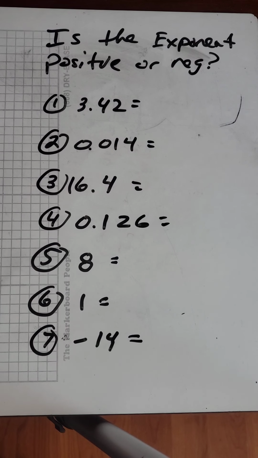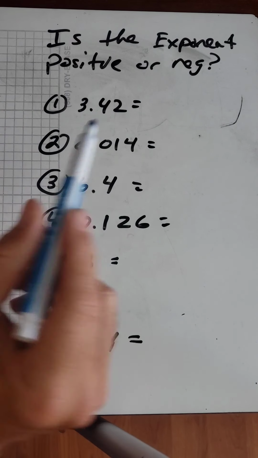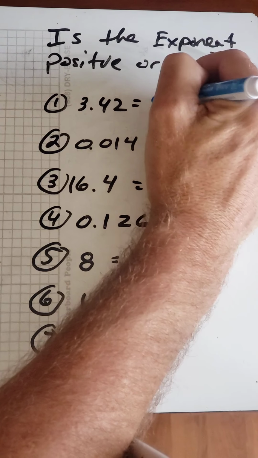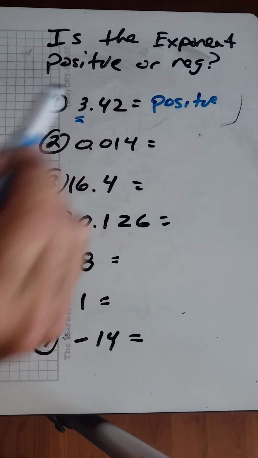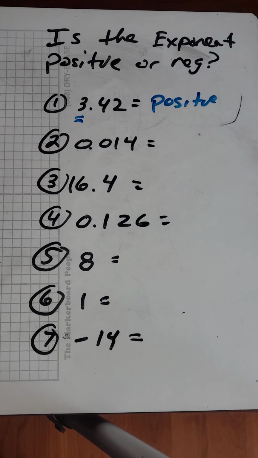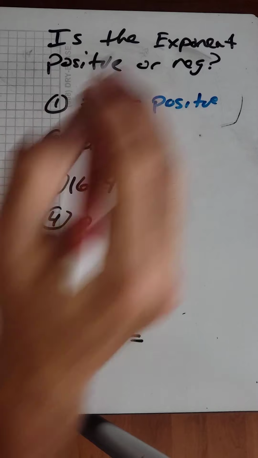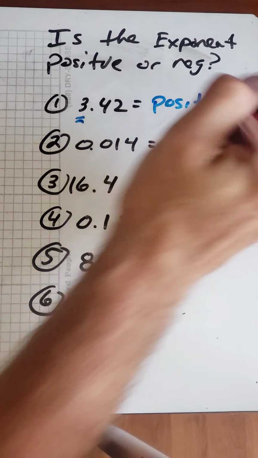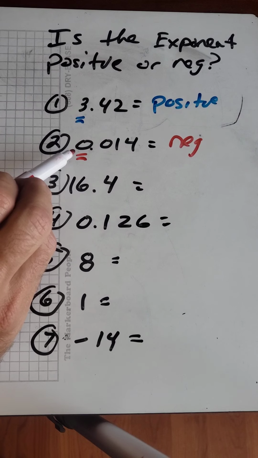Okay, so hopefully you had a chance to determine if it's going to be positive or negative. I look at this one right here, 3.42, and that exponent is going to be positive because 3 is bigger than 1. This next one, number 2, is going to be negative, because that number there is less than 1.